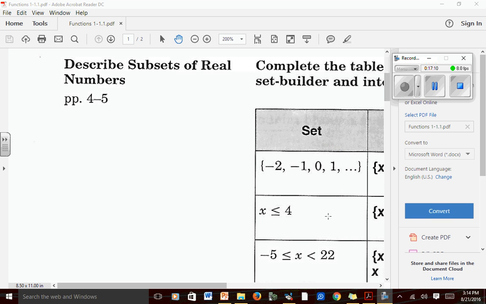Again, set builder, you're going to use the brackets and all the X stuff. Interval notation, you're going to use the same set there, but just write it in the simpler format with the brackets and the parentheses. Okay, so hit pause, think about it for a few minutes, write some stuff down, and then hit play again when you're ready to see the answers.